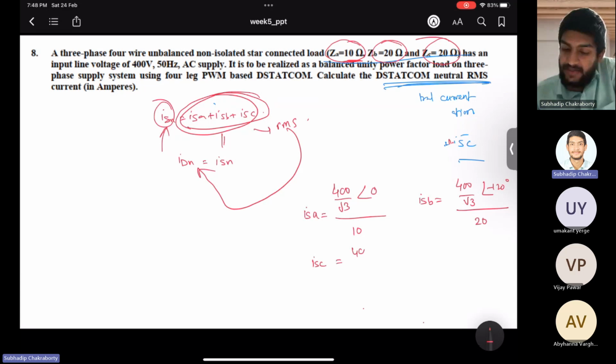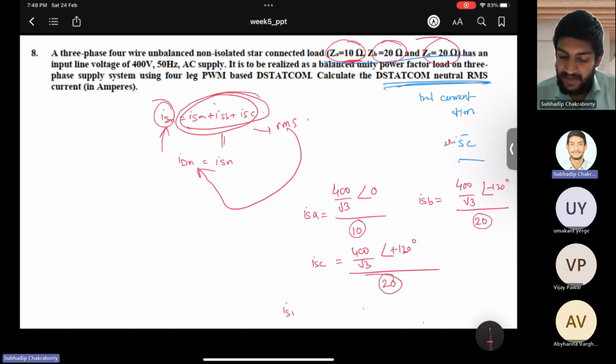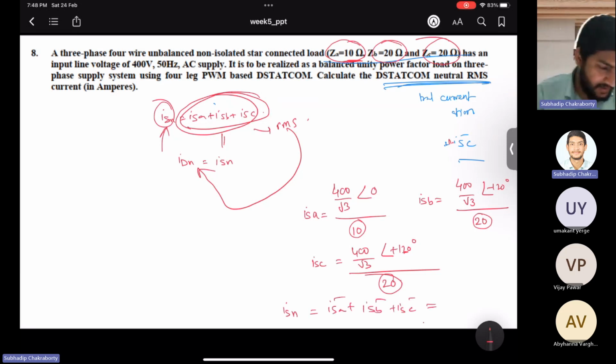ISC is 400 by root 3 at an angle plus 120 degree or minus 240, whatever you take, divided by 20. You just calculate these three currents and sum them up. You will see the sum is not zero because they are unbalanced, unequal amount of loading, which will lead ISN to be ISA plus ISB plus ISC, which is non-zero. And the answer I can see.